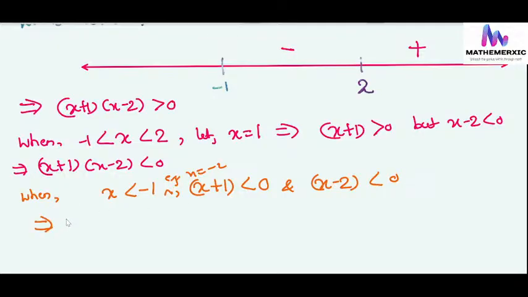So in this case we will say that (x plus 1)(x minus 2) is greater than 0.